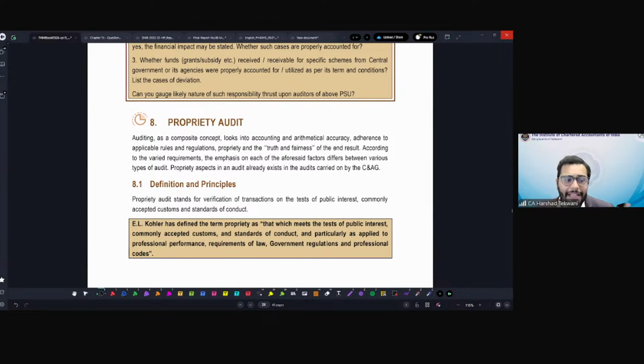Can anyone tell me the proprietary matters under the Companies Act on which the auditor reports?